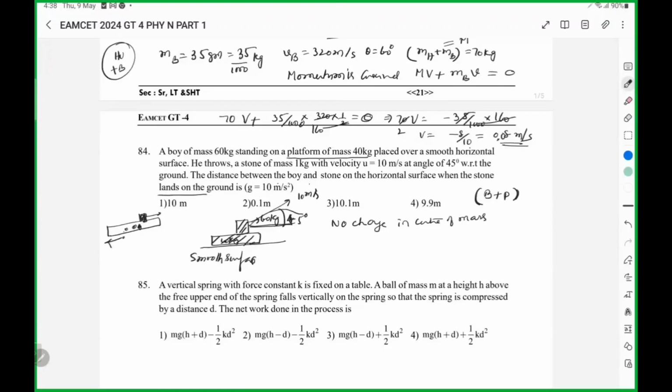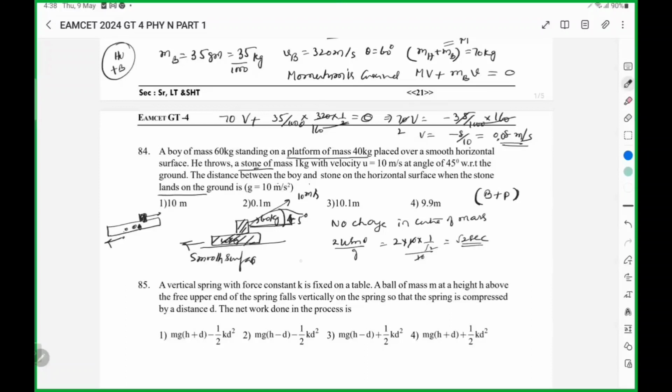In the time the stone reaches the ground, that is 2u sin theta by g, with u here 10 sin 45, that is root 2 seconds, the platform with the boy moves towards the left.